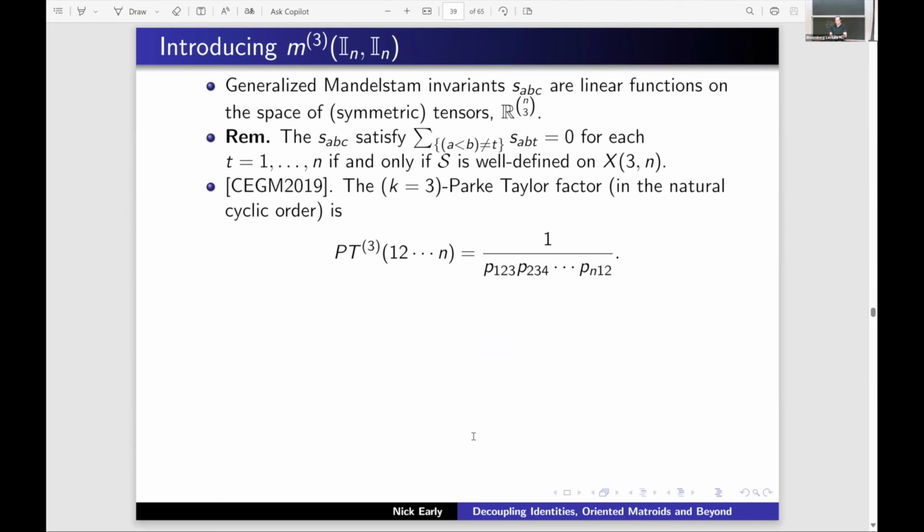As I said, they're linear functions on the space of symmetric tensors. And they satisfy this generalized notion of momentum conservation. For each t equals 1 to n, you get an identity among them. And that's equivalent to saying that S is well defined on the configuration space.